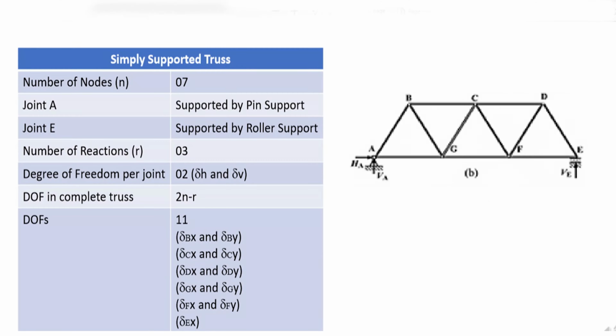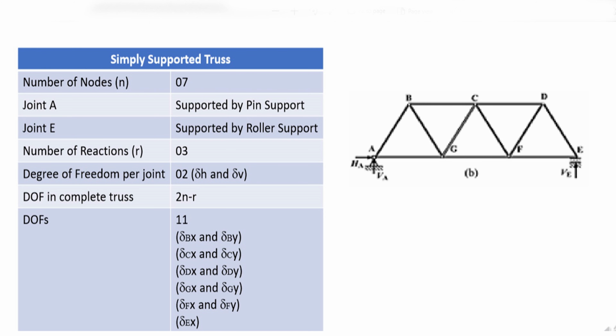In a similar way, in this frame we have 7 nodes: A, B, C, D, E, F, G. Joint A is a pin support and joint E is a roller support.